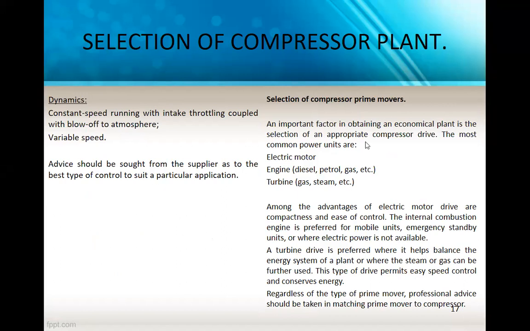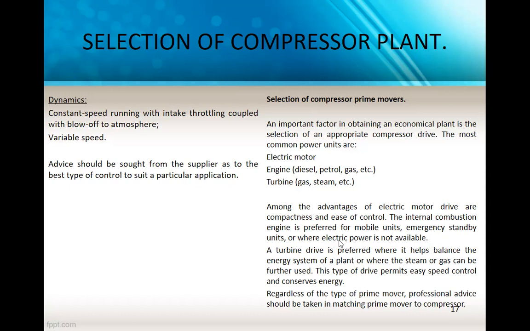So, selection of compressor prime mover. Ano yan? Yung motor, example. So, an important factor in obtaining an economical plant is the selection of an appropriate compressor drive. The most common power units are the electric motor, engine, the diesel, petrol, gas, etc. And the turbine, with the gas, steam, etc. So among the advantages of electric motor drive are compactness and ease of control.